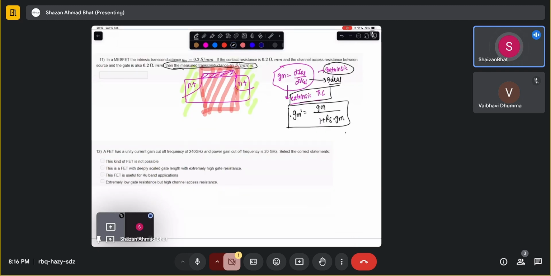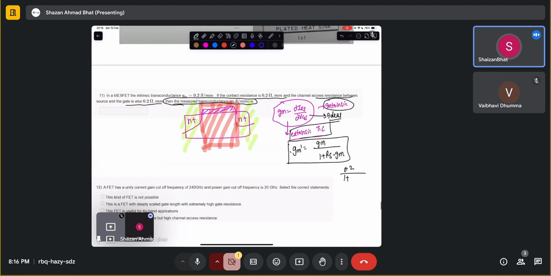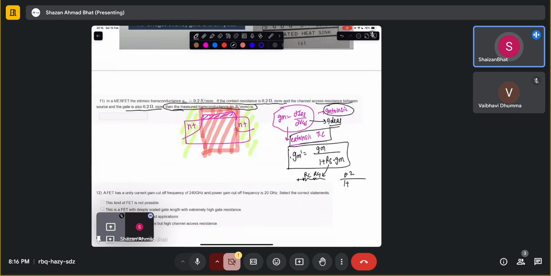So it can be simply given as 0.2 divided by 1 plus the overall contact resistance, which is 0.2, and the channel access resistance, the gate resistance, is 0.2 also. So RS basically takes into account both the contact resistance as well as the gate resistance. It is just like the contact resistance, the channel resistance, and the gate resistance.